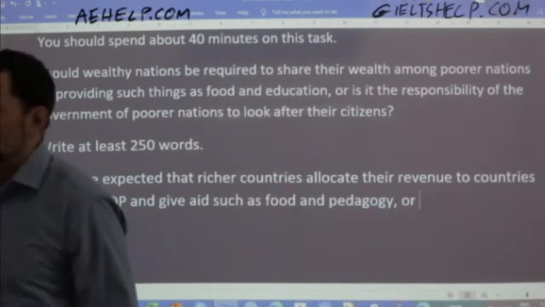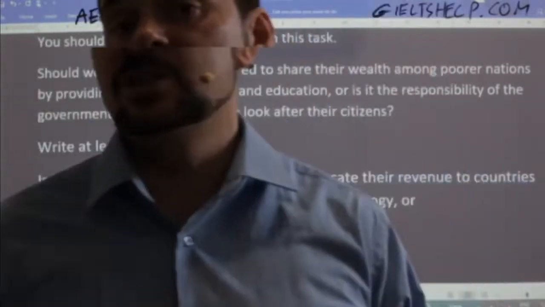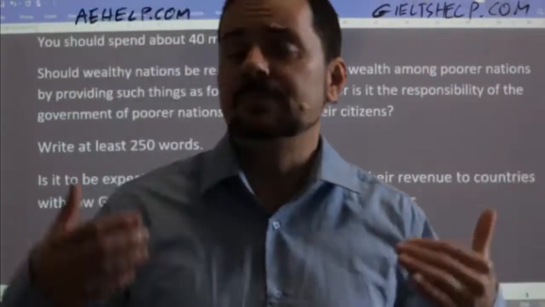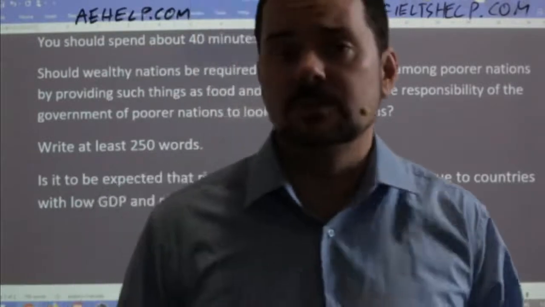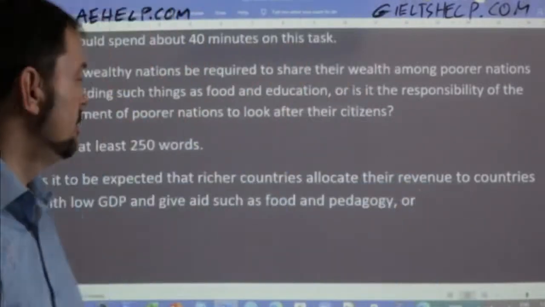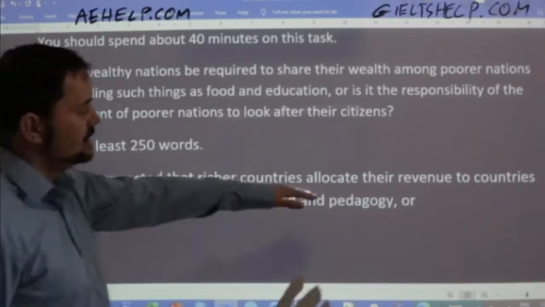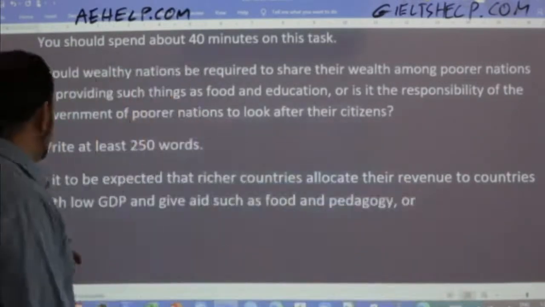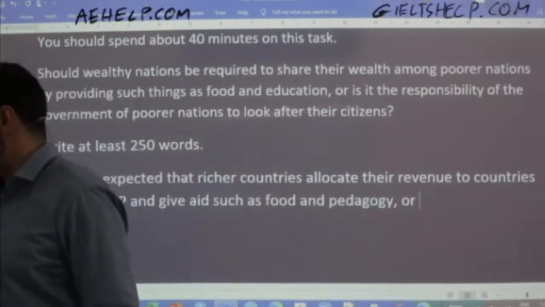Okay. So what are we really talking about here? We're talking about rich and poor nations or nations with high GDP versus low GDP. GDP is gross domestic product, right? Their revenues. So is it to be expected that richer countries allocate their revenue to countries or allocate some revenue, I should say, instead of their revenue?